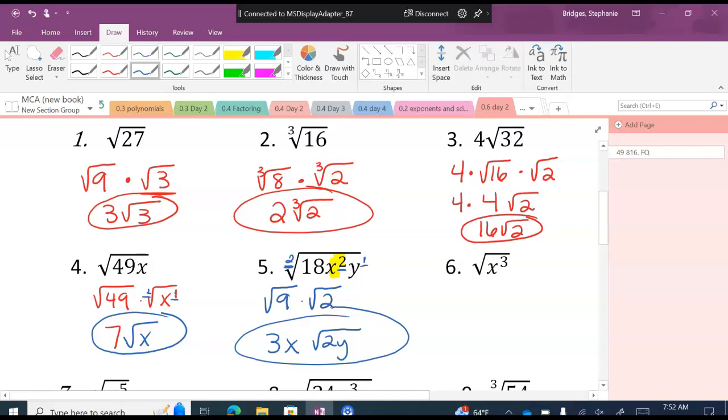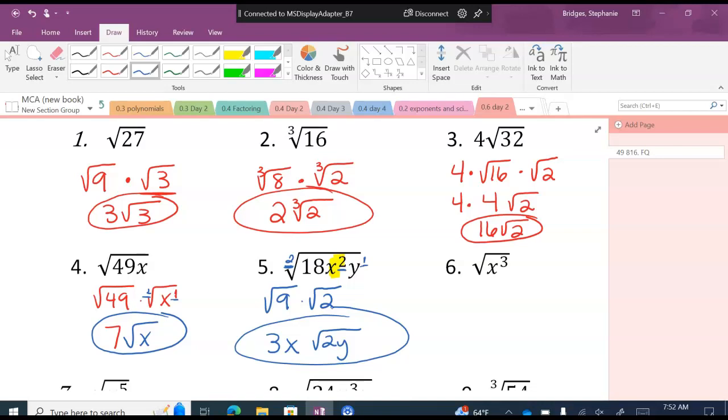If you need to do it separately, this would be another idea. We could split it completely up. We could do the 18, the x squared, and the y, and then we can bring our answers together, okay? So what I mean by that is we would do the 18 just like we did, and that would become 3 square roots of 2. This one, remember, it divides in evenly, so that would just become x to the first.